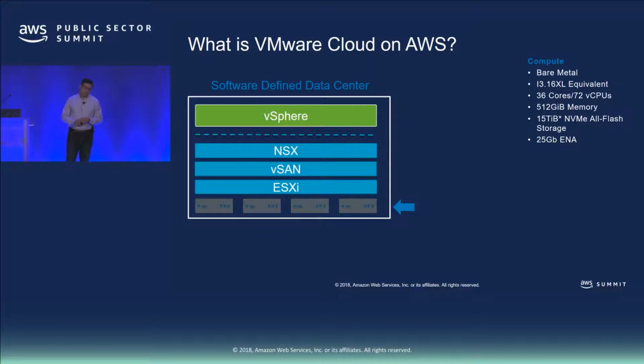Learning more about the software-defined data center, the bare metal hardware is provided by AWS. These are bare metal EC2 instances that we provided to VMware. They put the ESXi software on top of it.